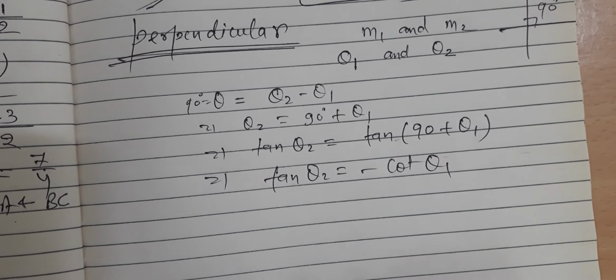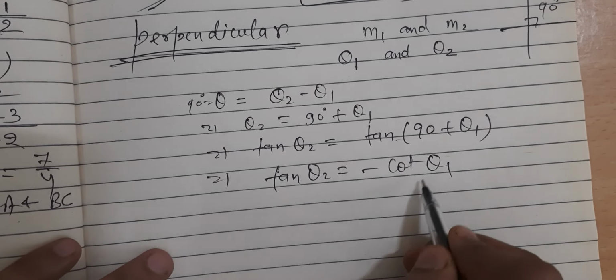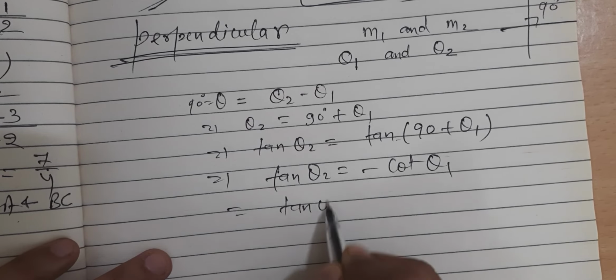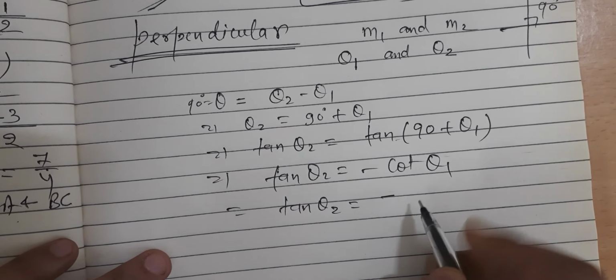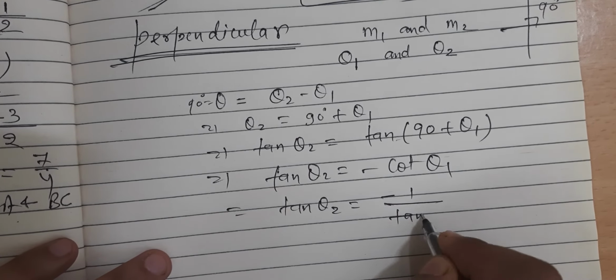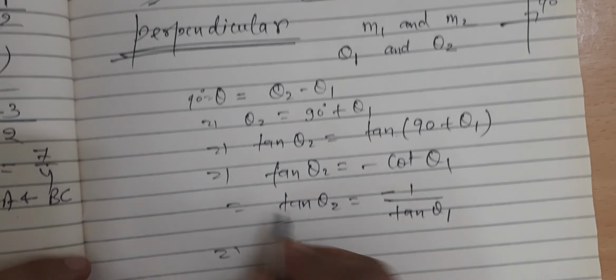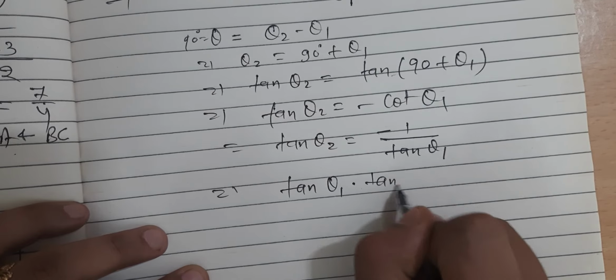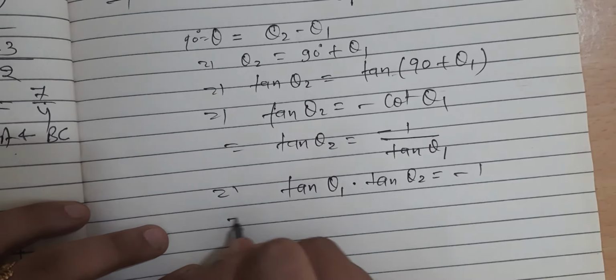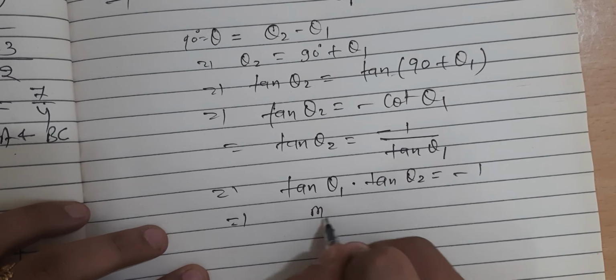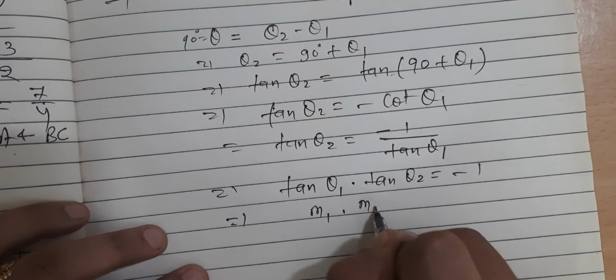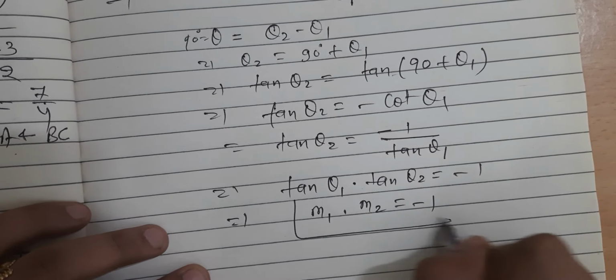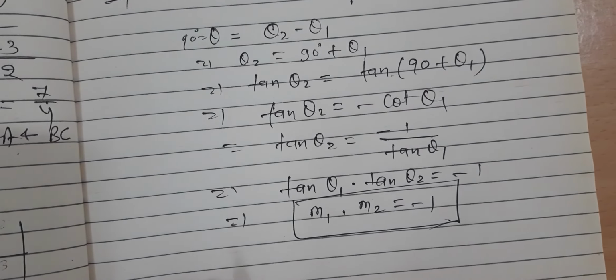We have seen the relation, and cot theta can be written as 1 by tan theta. When you transpose, you will get tan theta 1 multiplied by tan theta 2 is equal to minus 1. Tan theta 1 is the slope of the first line and tan theta 2 is the slope of the second line. So we got the relation between the slopes.